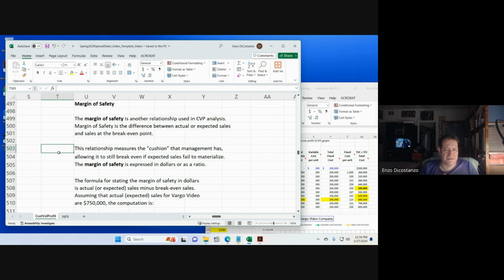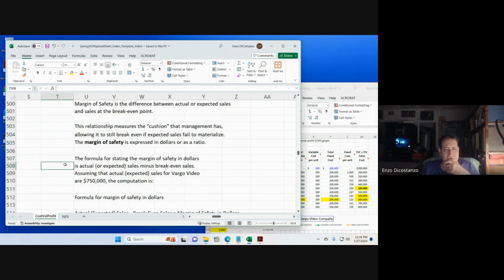It's a cushion to still be a going concern if some wild performance projection doesn't materialize. Are you still profitable? How close to break even are you? Those kinds of things.